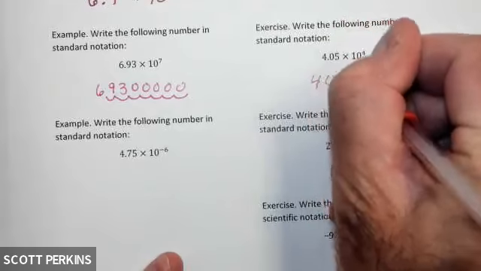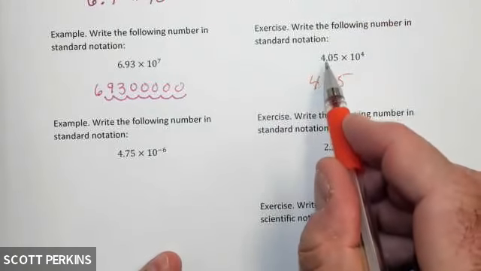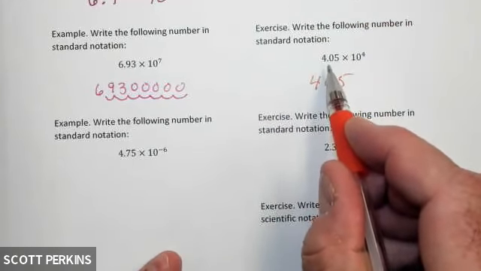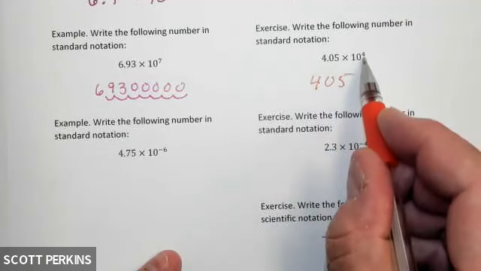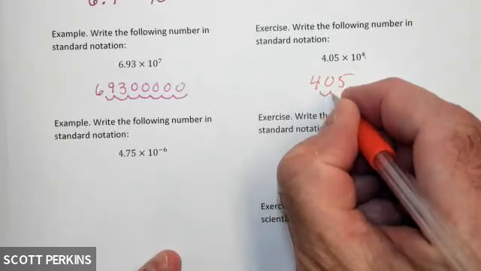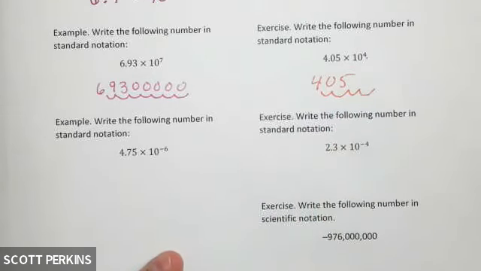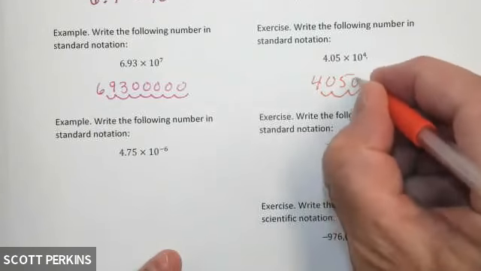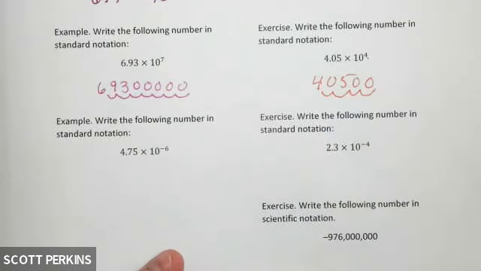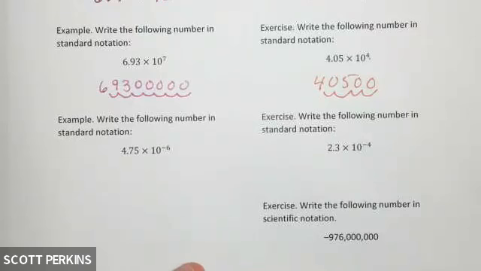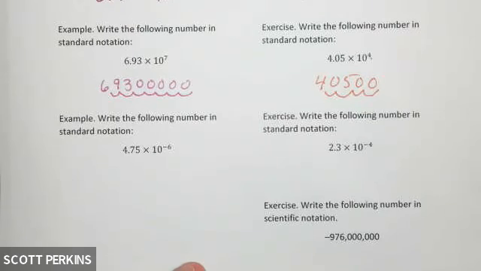So my challenge is to move that decimal the appropriate number of hops. It's going to be 4, and since this is a big number, I'm going 4 in this direction. 1, 2, 3, 4. So I need to add how many zeros at the end of that number? 2 more zeros. Yes, that gives me the 4 decimal places. So 4.05 times 10 to the 4th can also be written as 40,500.